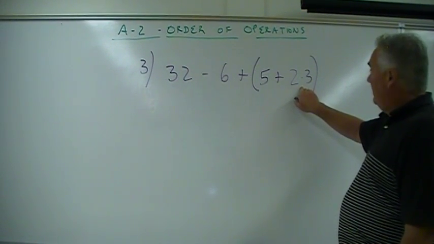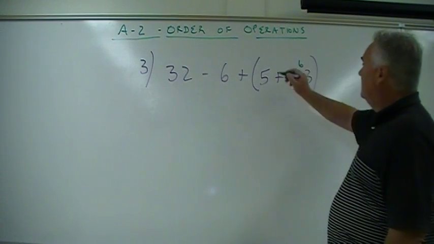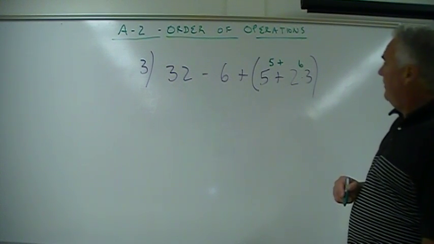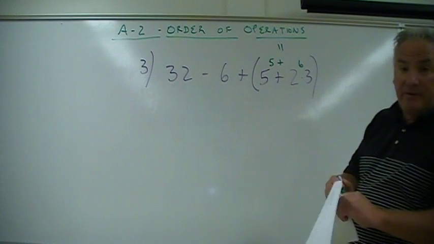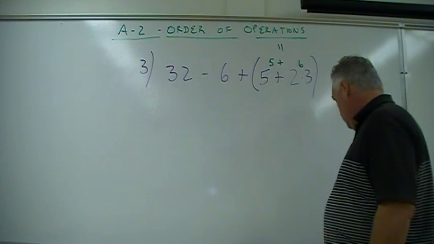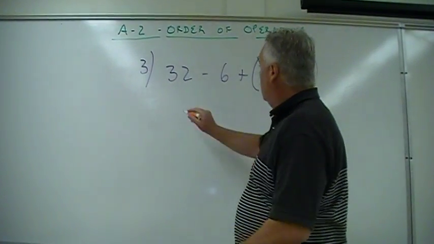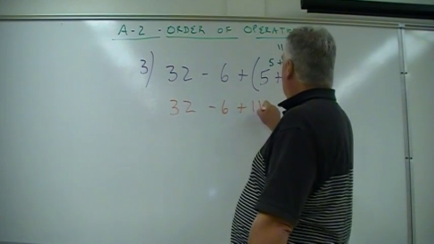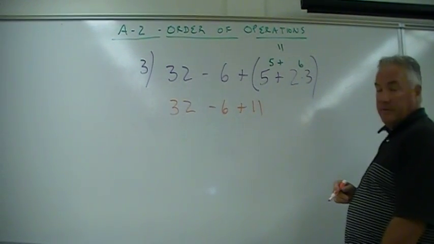So which one do we do first? We do times. 2 times 3 is 6. So in parentheses we have 5 plus 6. So the value inside parentheses is 11. So I can substitute 11 for that parentheses.